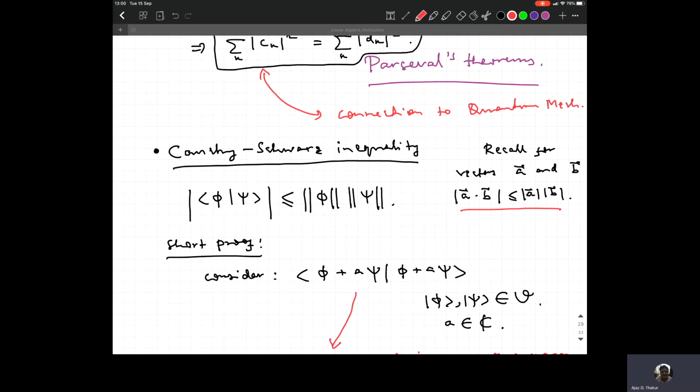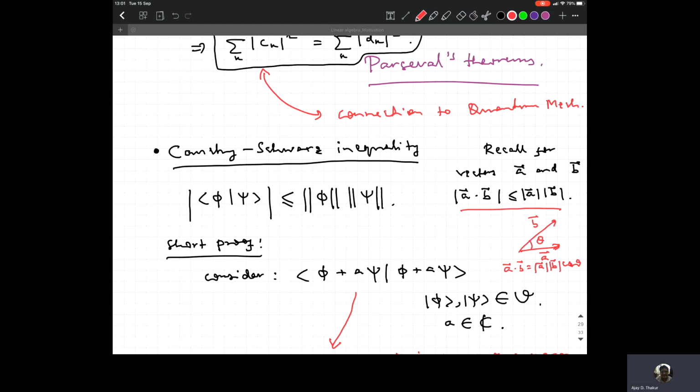This was the case because in the case of Cartesian vectors, if there is a vector B and a vector A and there is an angle theta, this A dot B is going to be mod A mod B cos theta, and cos theta is going to be bounded between -1 and 1. So in magnitude, it is going to lie between 0 and 1.